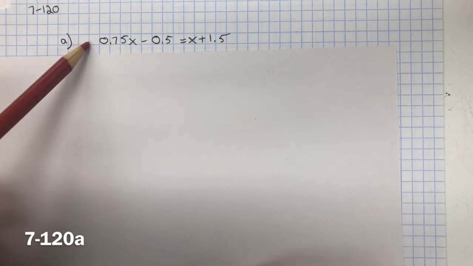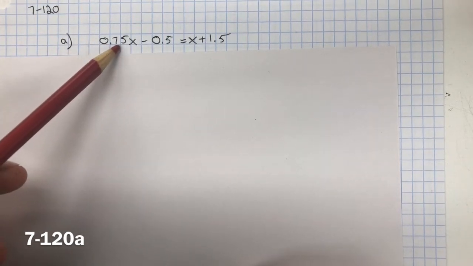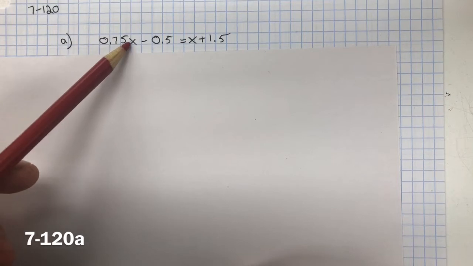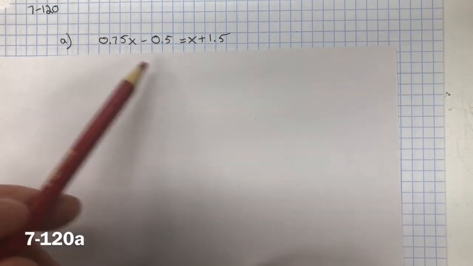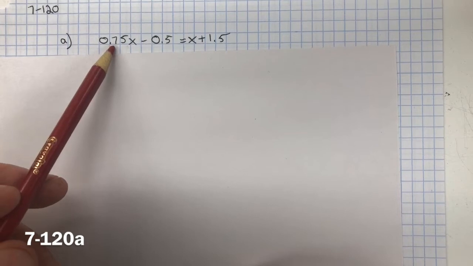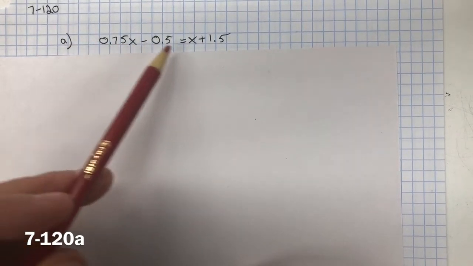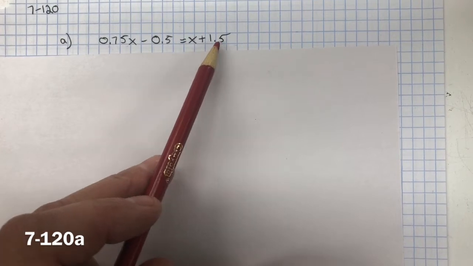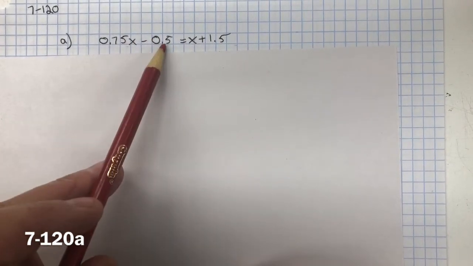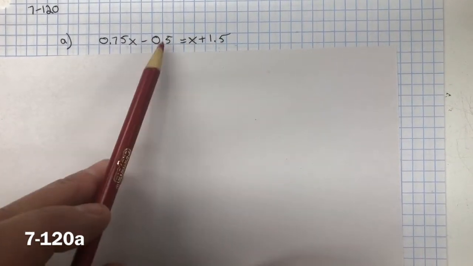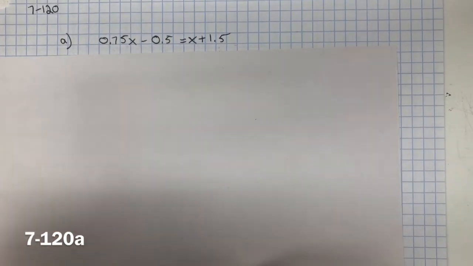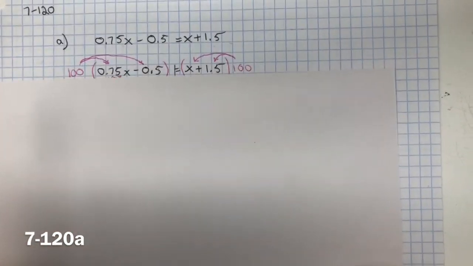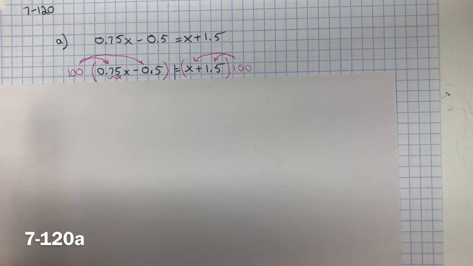If you multiply it by 100, it'll move the decimal 2 place values. So you want to multiply it so you eliminate all of the decimals. If we multiplied every term by 10, it would eliminate the decimal for these two terms, but not this one. So we're going to multiply all terms by 100.